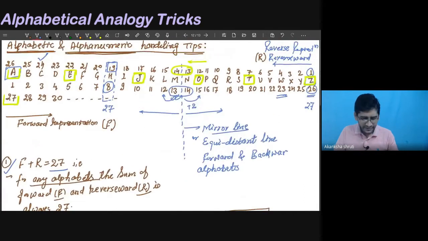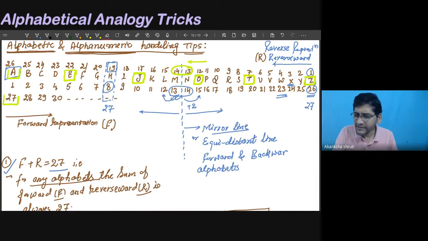Another one, sometimes equidistant positions are taken, meaning the position from forward and the equal position from the reverse. Say if we are considering this C, it is at third position from the forward, and from the end, the third position alphabet is X. So C and X may be paired. That kind of pairing is also there. So this we need to keep in mind.